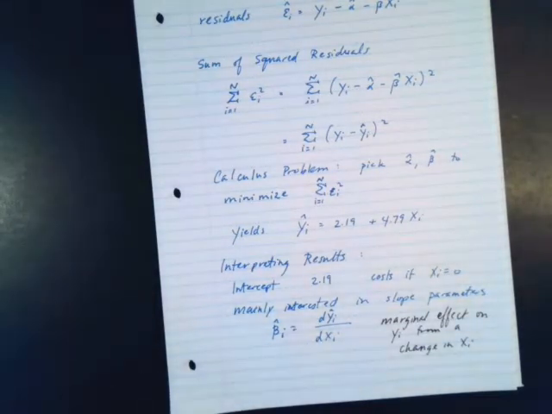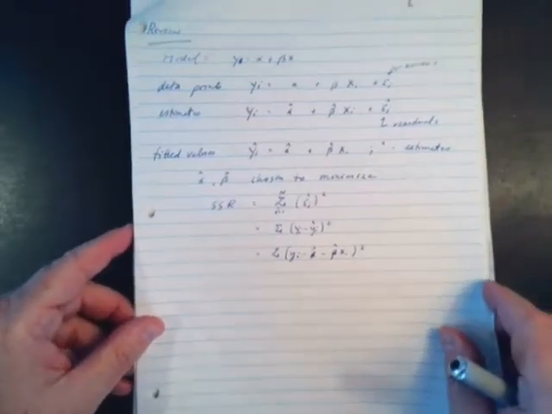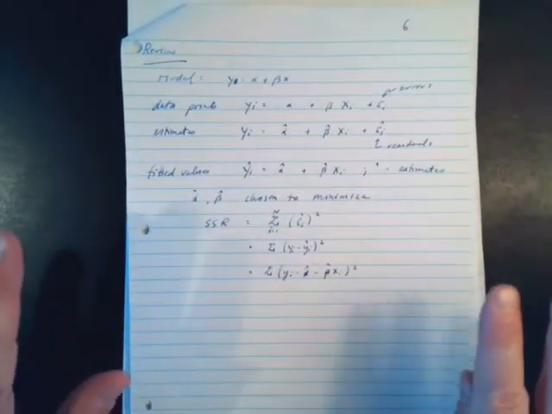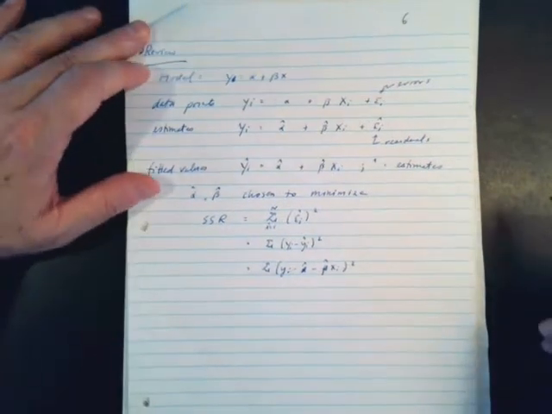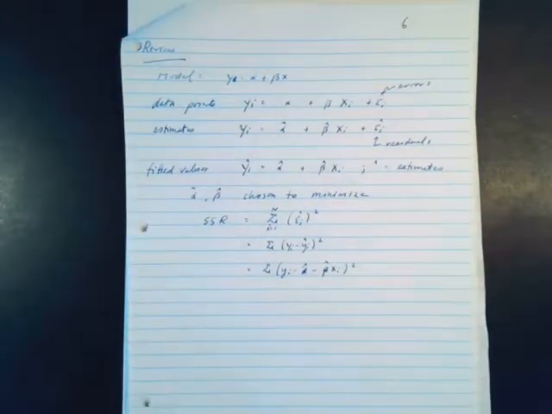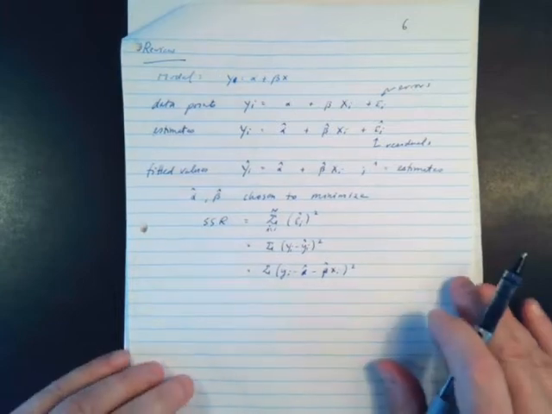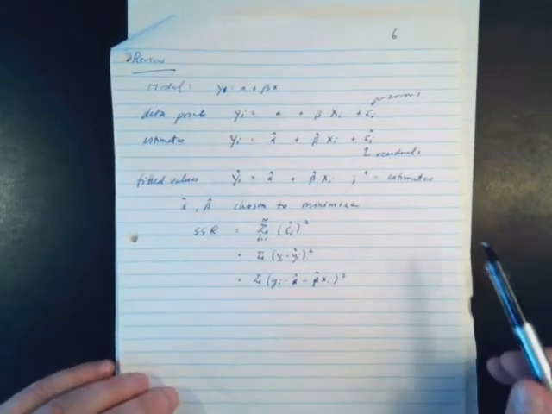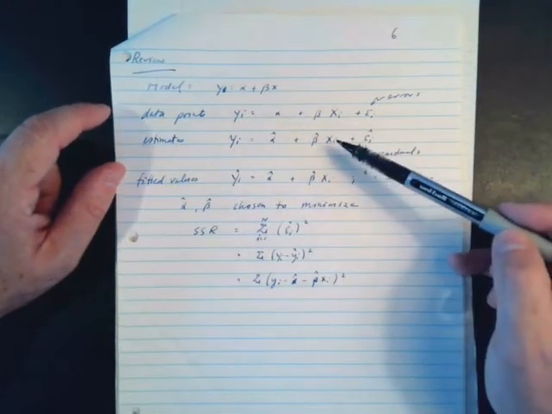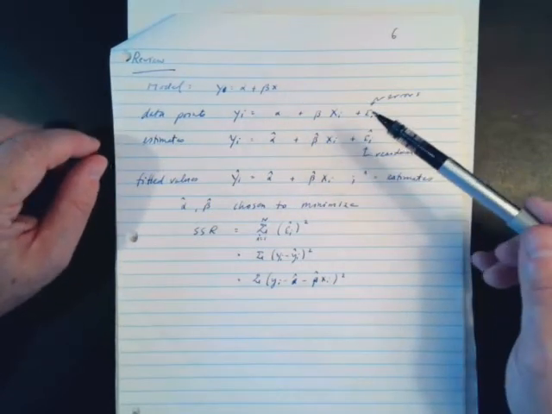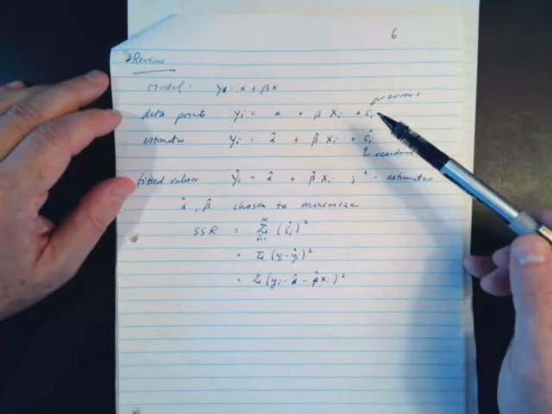Okay, so just to recap what we've done so far, and most of this is terminology. Linear functions are very simple, but the terminology is going to be with us all the way through. So let's make sure that we have the terminology clear. So we have data points on y and x, and we think that they're related, and we're going to propose a linear model to relate them.